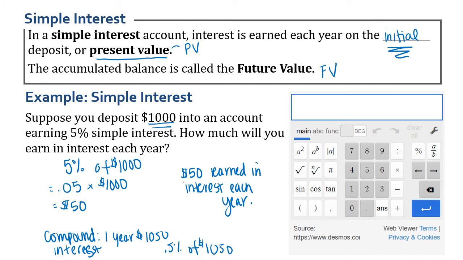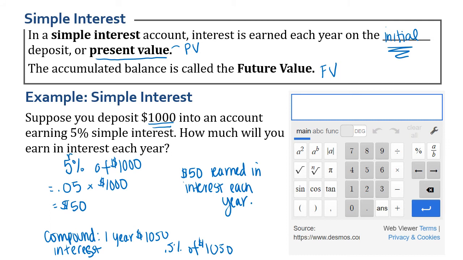So you end up earning more and more and more. Or if this is, for example, a credit card or a house loan or student loans, which are all compounded interest, you end up owing more and more with interest. So it's always better to pay those off earlier, and we'll talk about how to do that in a later section, so stay tuned.